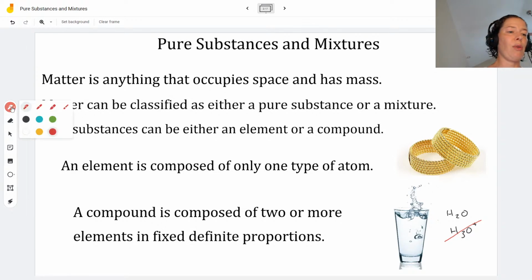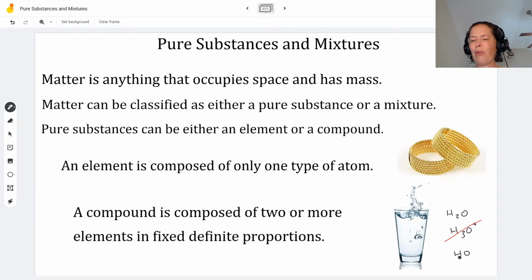You're also not going to have, say, HO, which you would really write as OH, that has a negative charge, because again, that is a different proportion. That is a different substance. It's actually an ion. So this is what we mean by fixed definite proportions. This is all water, H2O, and we're not changing up any of the proportions. But these can both be pure.